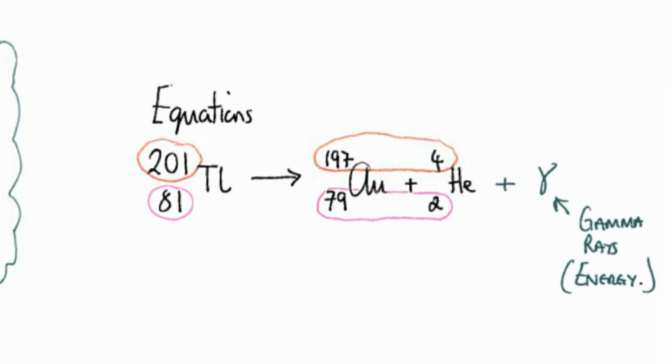So what they may often do is they'll put the numbers up there. They'll show 4 and 2, and that should act as a trigger in your mind, thinking, that's a helium nucleus. That is an alpha particle. And very often the question will ask you to put in what the missing numbers are in an equation. So make sure you know how to do alpha particle equations.